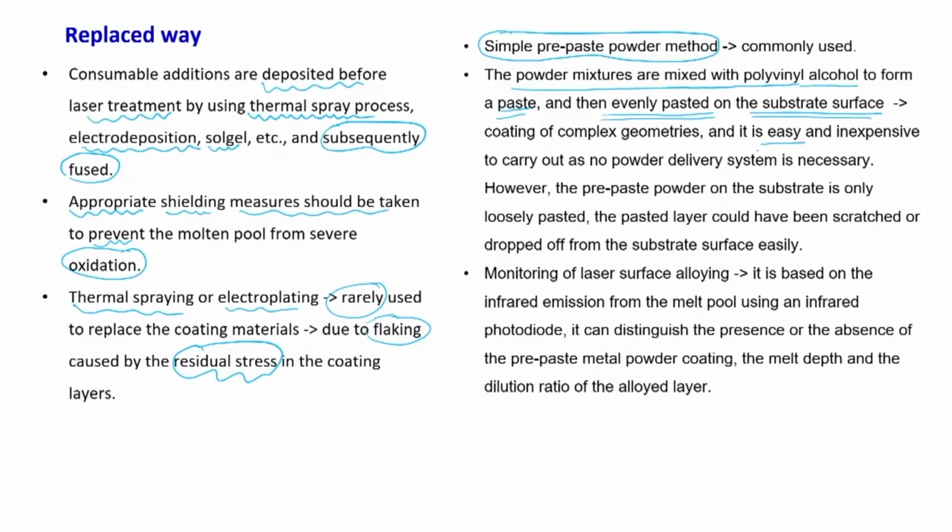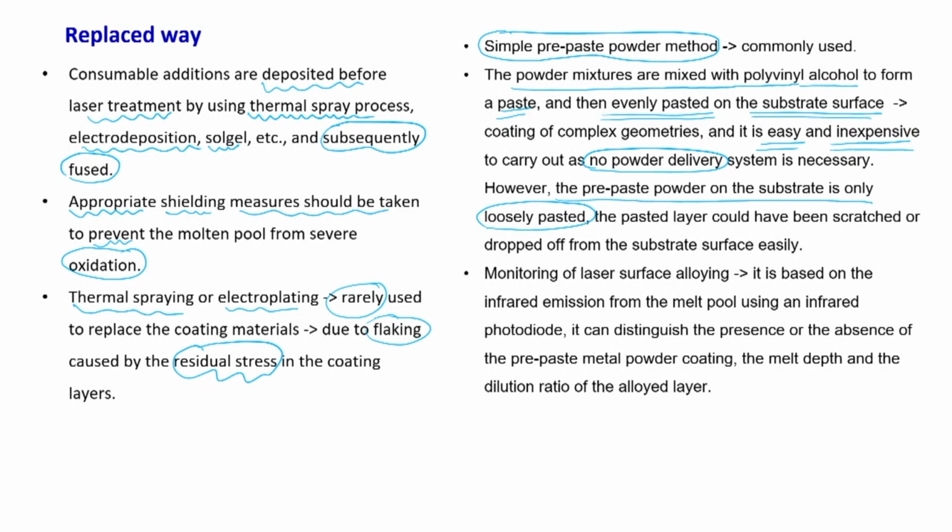In that way it is easy and inexpensive as well, as we do not require any special equipment such as the powder delivery system and its control. So, all these things will get removed and that will save a lot of money as well.